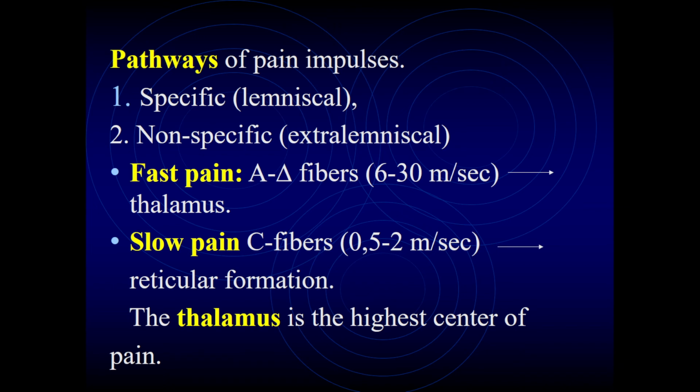The specific pathway goes along the A delta fibers with a conduction velocity from 6 to 30 meters per second of the lateral spinothalamic tract to the specific nuclei of the thalamus and to the somatosensory cortex.